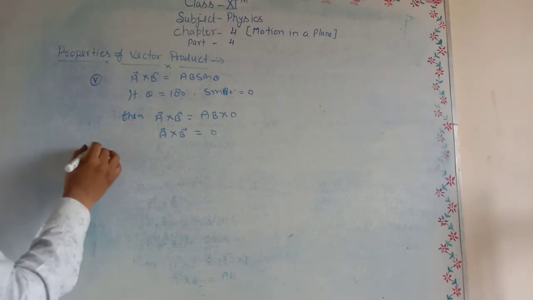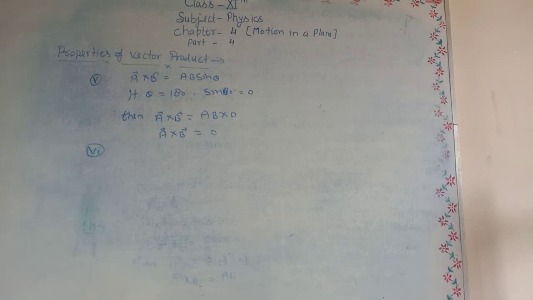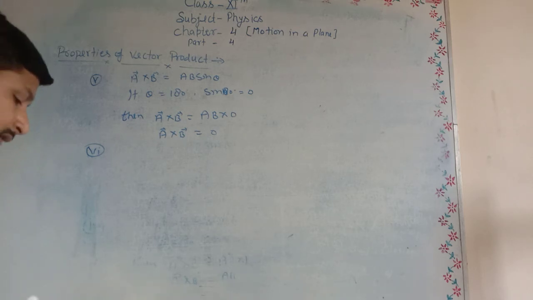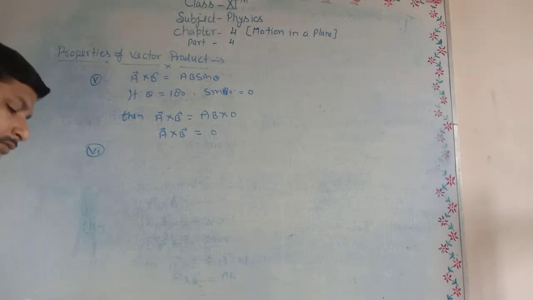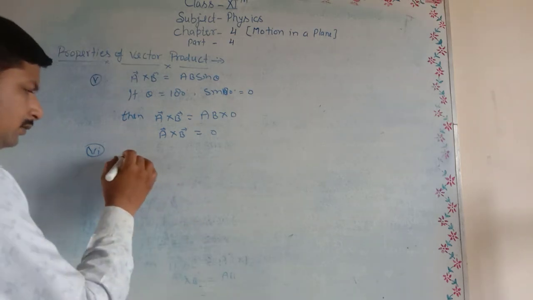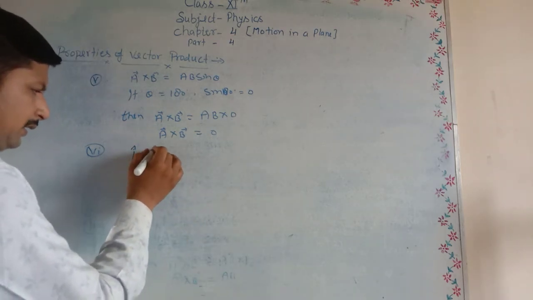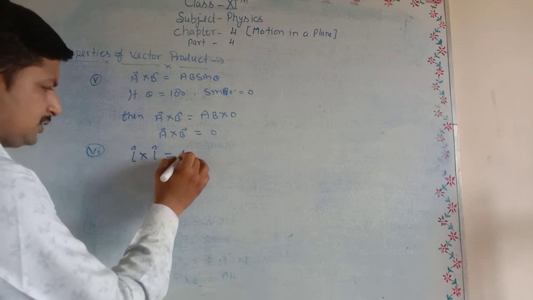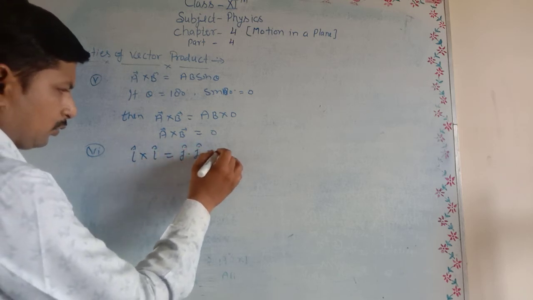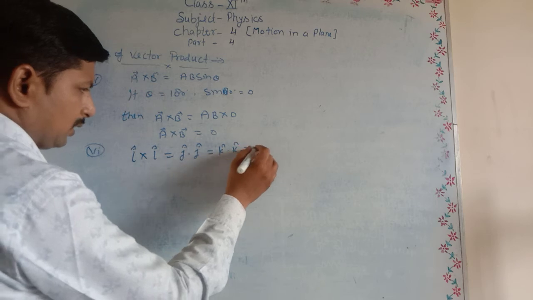Okay, students. Property number 6: I cross I equal J cross J equal K cross K equal 0.